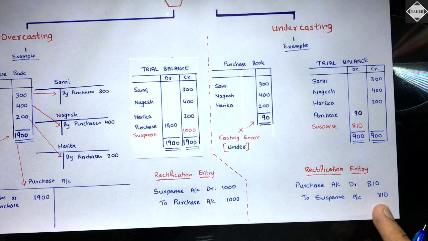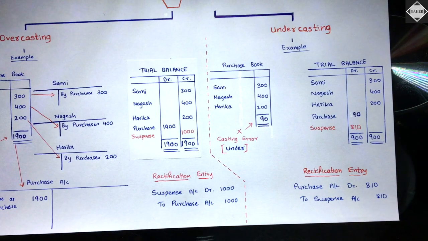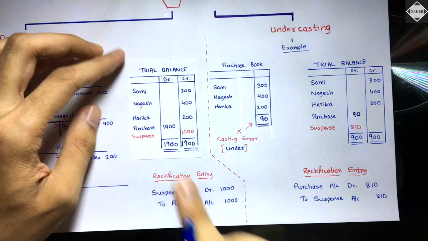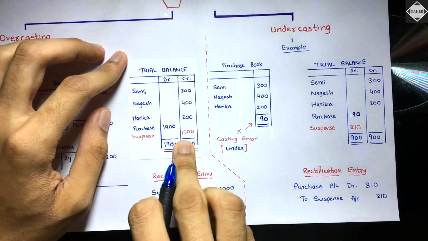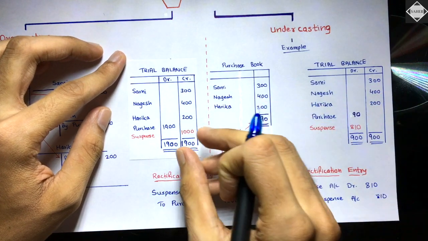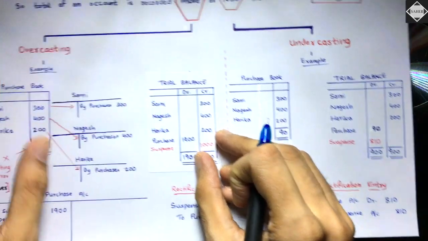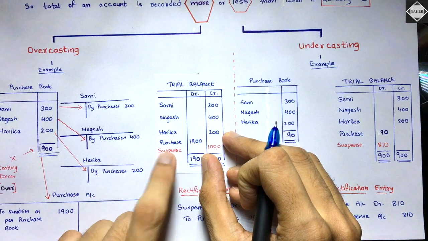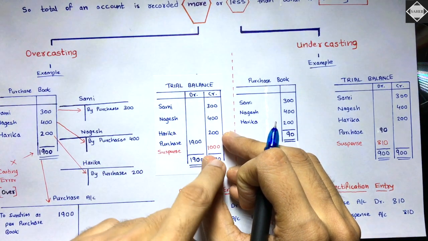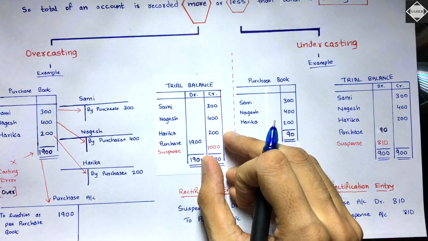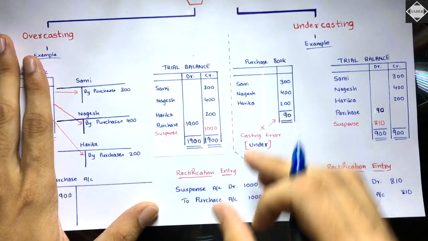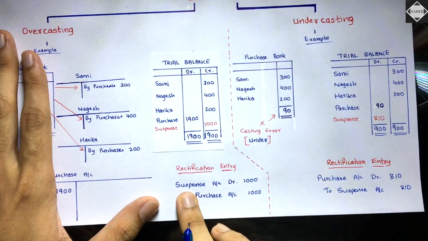And understand, always remember this effect properly. See, here in the trial balance, you had what? Credit balance of suspense. The shortage was on the credit side, in this overcasting example. So the suspense account had a credit balance. Now in the rectification entry, what will happen to the suspense account?